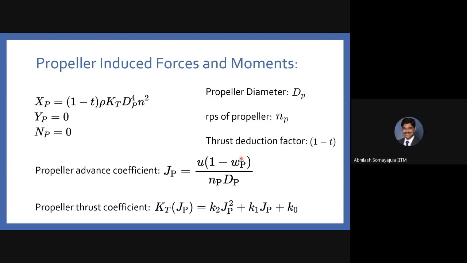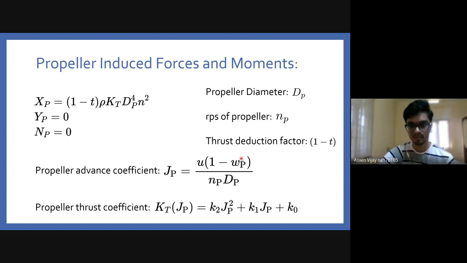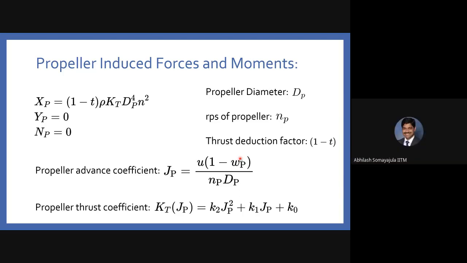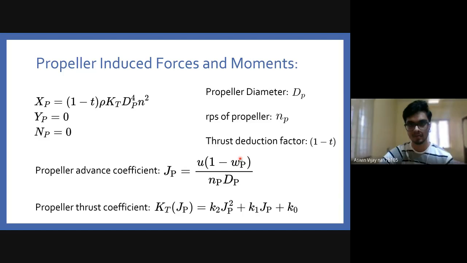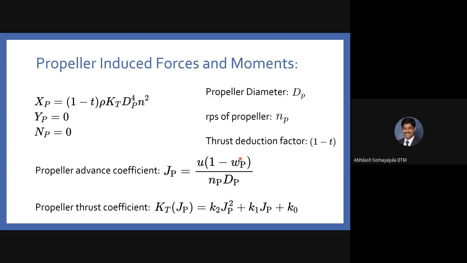Why would it be less? Why would the velocity right behind the hull be less? Velocity behind the hull is not less, right? Then why do we need a wake fraction?